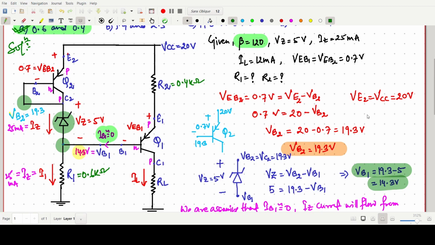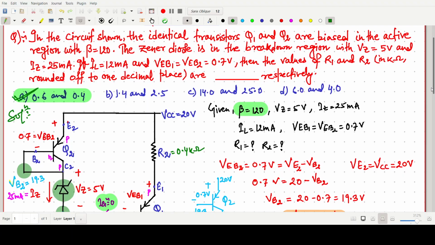This one is kilo ohm. So R1 0.6 and R2 0.4 kilo ohm already given.